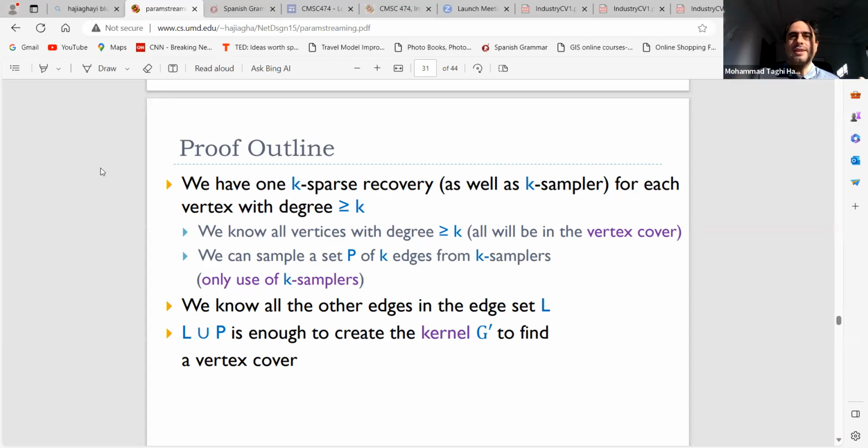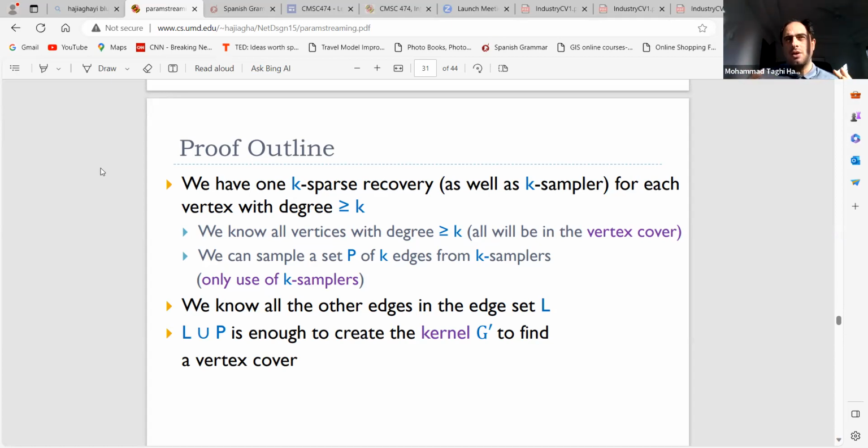The size of the adjacent vertices currently to this vertex is greater than k. Because of that, we know that this vertex should be in the vertex cover, because as I mentioned, if this vertex is not there, then there should be more than k vertices in the vertex cover. So this is the information that we know.